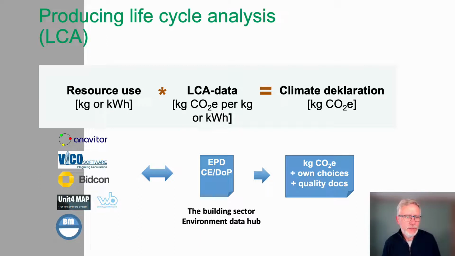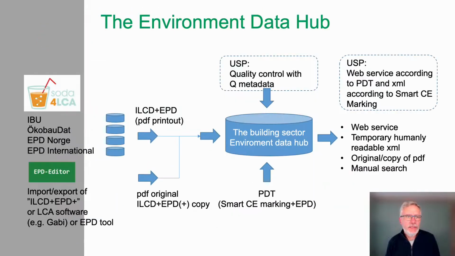dioxide is produced. So together with IVL, the Environmental Institute, and others, we are starting to make up an environment data hub, the building sector data hub for environment. And the unique selling point for this is quality control data.